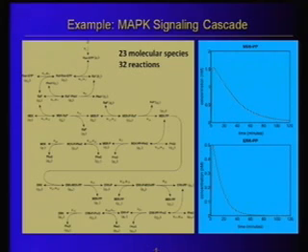So we have 23 molecular species. We know how they interact with each other because we have these arrows. For example, it says that this molecule, after a reaction occurs, which is a monomolecular reaction, produces as a result this and this. Or this means that this reaction is reversible.